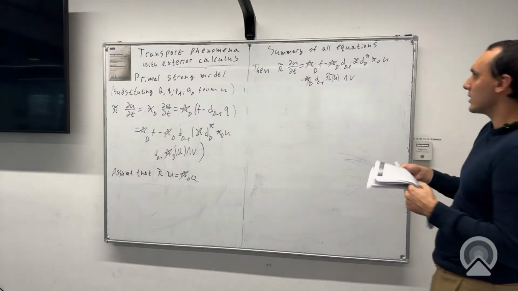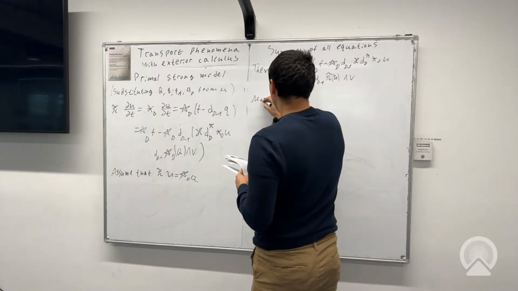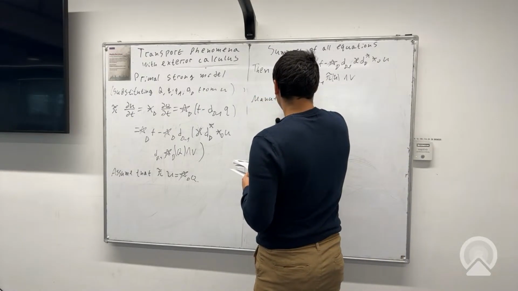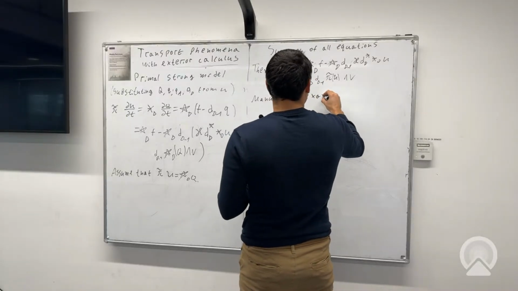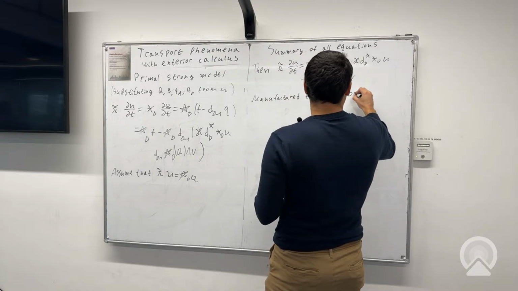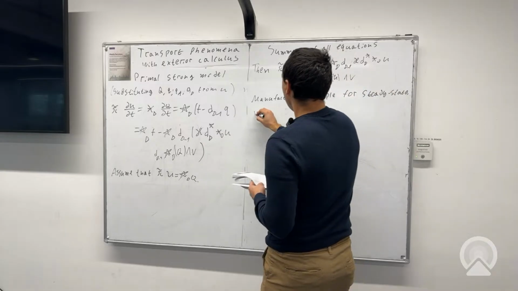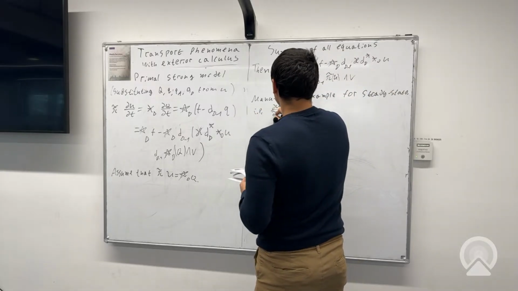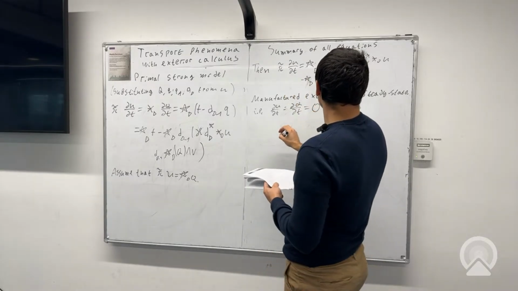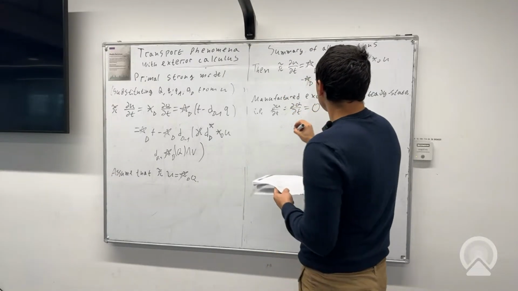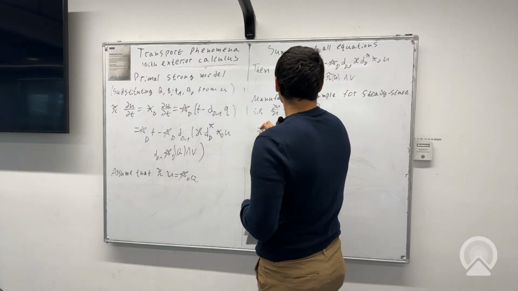Let me give a manufactured example. Example for steady state, i.e. du dt and dq dt are 0. So we can remove the stars.